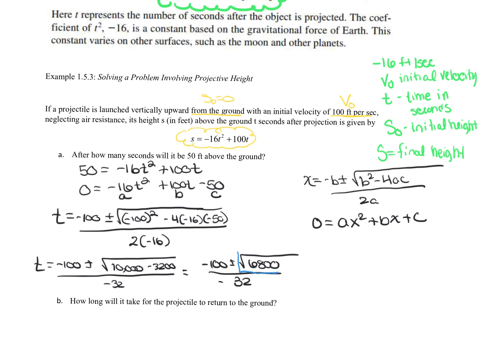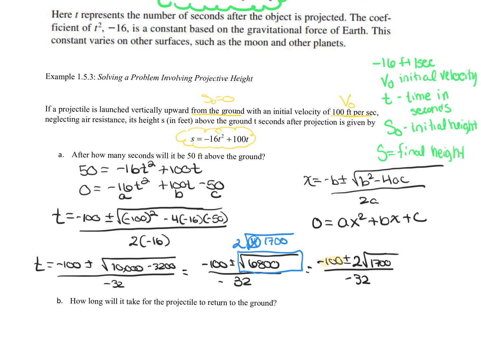I want to talk about just this piece for a second. 4 times 17 is 68, so 4 times 1,700 is 6,800, like that. And the square root of 4 is a 2. So I can rewrite this as negative 100 plus or minus 2 square roots of 1,700 all over negative 32.